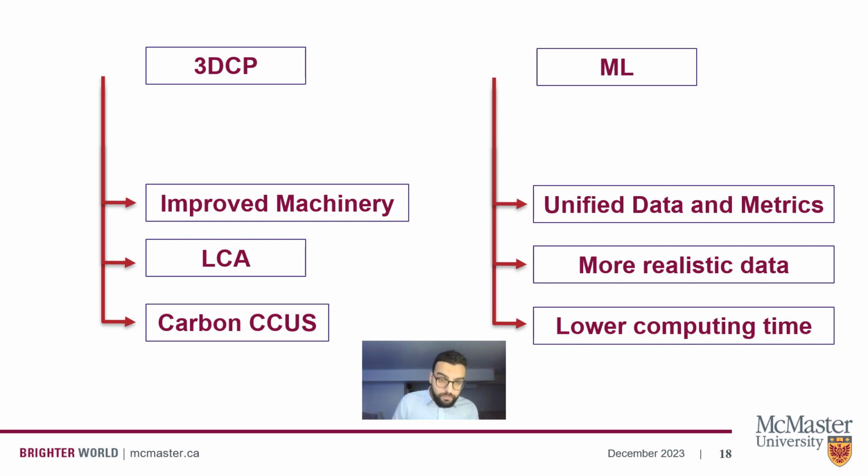So all these performance metrics of machine learning should be unified so the comparison could make sense in the future. And also, we should think about lowering the computing time of the machine learning algorithms. We don't want to take 1 hour to get the result. It has to be very quick, in a matter of seconds, so the user can trust this kind of machine learning algorithms.